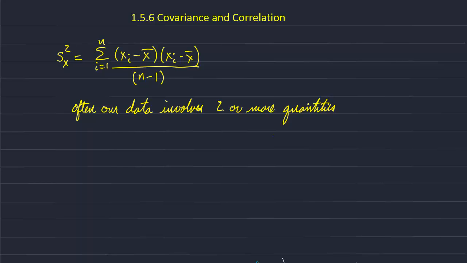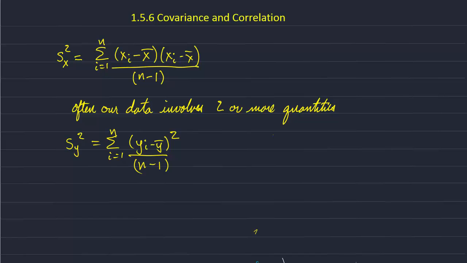For example, if we collect data and measure a quantity X as well as a quantity Y, we could also describe the spread of Y as the variance of Y, just as we did for X.